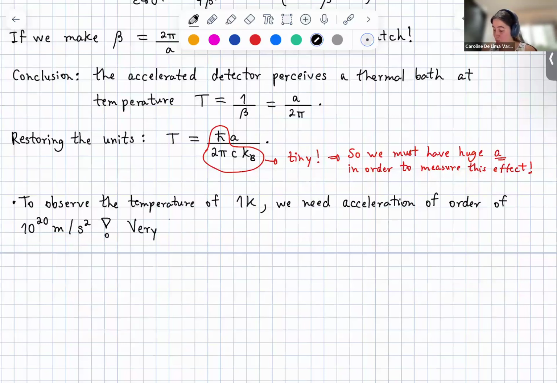So that means that it's really, really hard to observe experimentally.